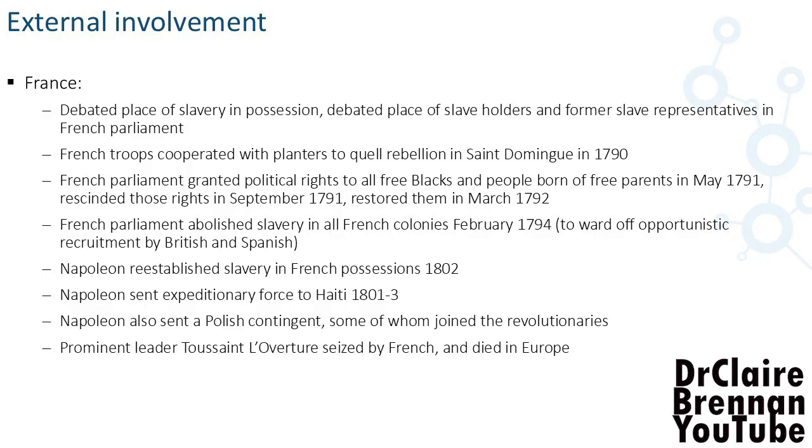Rights are granted and then rescinded, slavery is abolished and then reinstated. And this is during the process that France is remaking itself as a revolutionary society. Because of that remaking of France, there is discussion, but ultimately Napoleon invades Haiti and there's an attempt to reassert the plantation economy on that island.